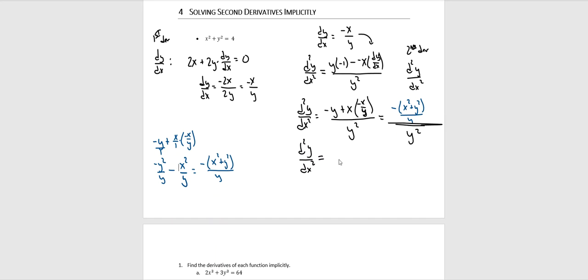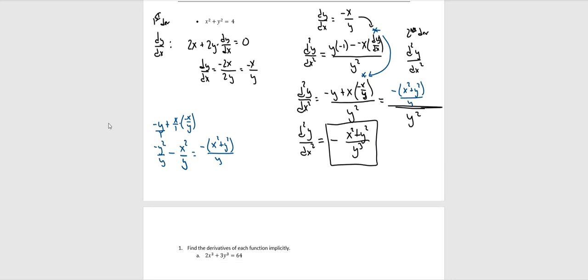That y comes down. We'll have a negative x squared plus a y squared over y cubed. Second derivative implicitly. The most important part is right here as we substitute our derivative in for the dy dx as we get to the second derivative.